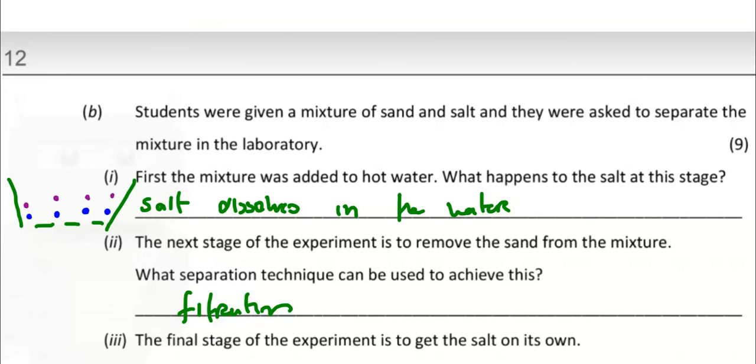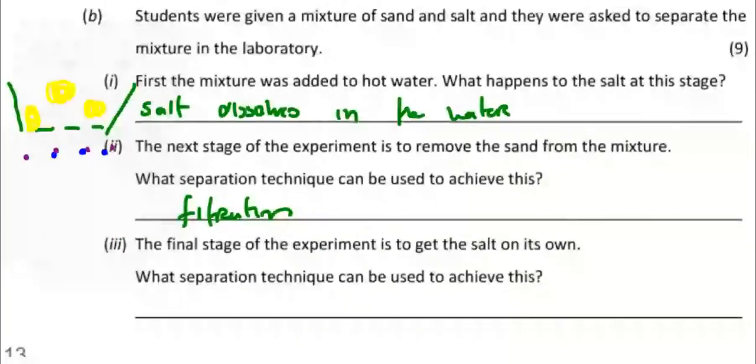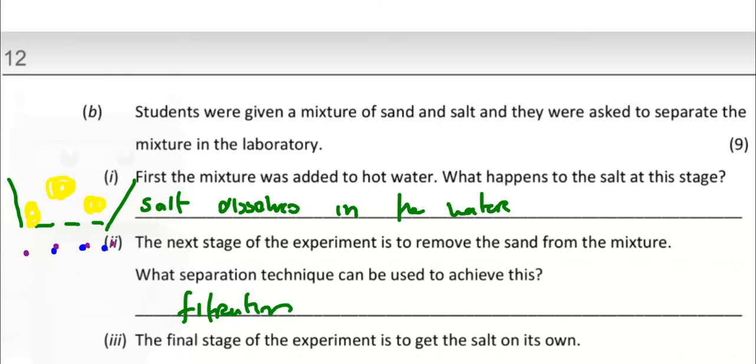The water and the salt can get through the gaps, but the sand particles are too big. So the water gets through, no bother. The salt gets through, but the sand gets stuck in the filter paper. Okay. Now, what can we do next?